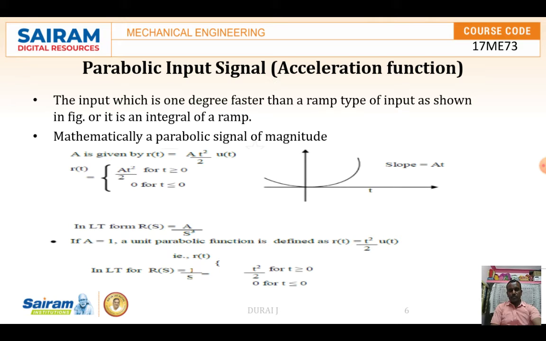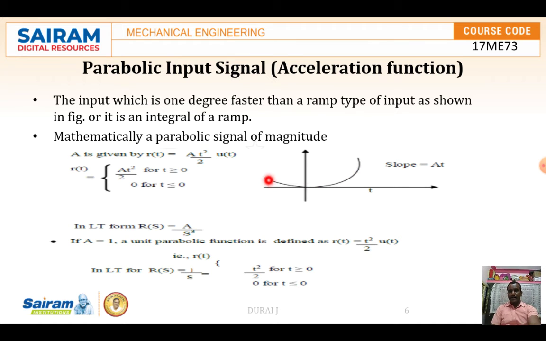Then comes the next thing, the parabolic input signal. A parabolic input is a standard input signal in which the instantaneous value varies as the square of the time, from an initial value of 0 at time t equal to 0. Graphically it is represented like this.